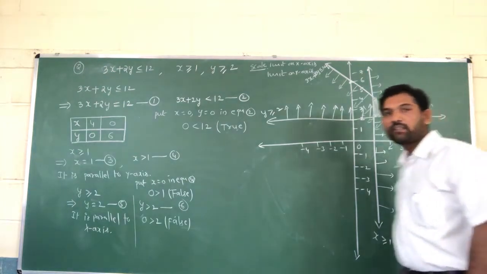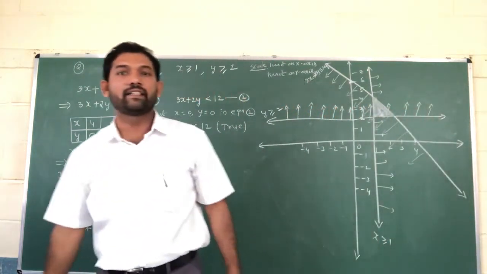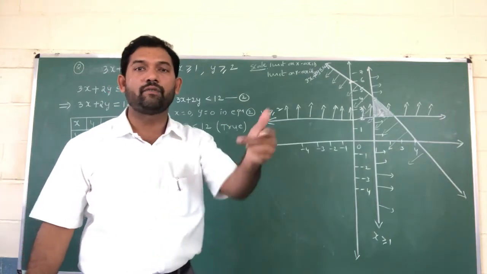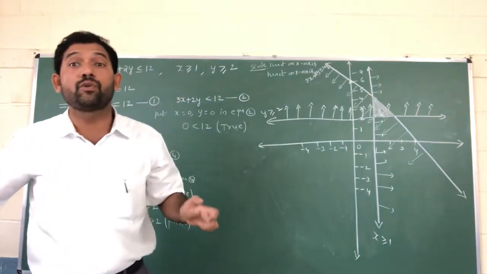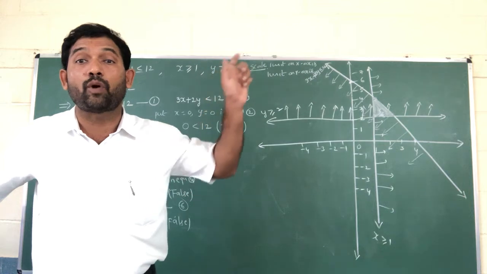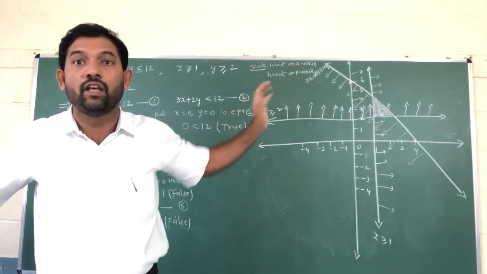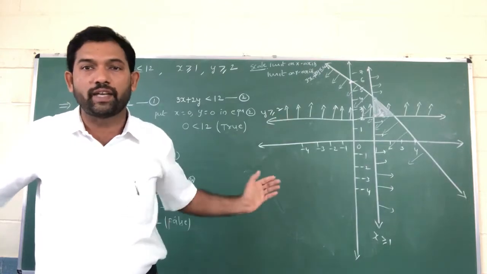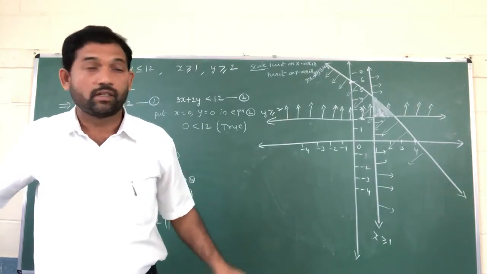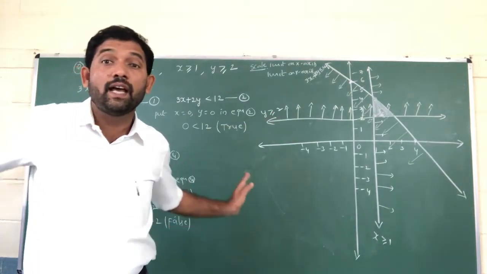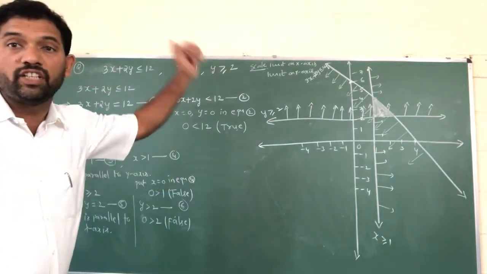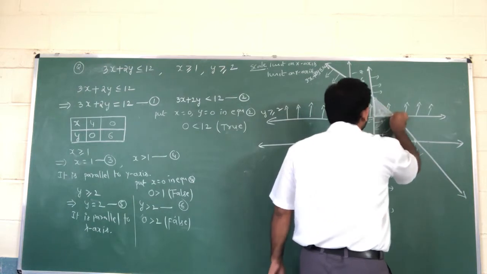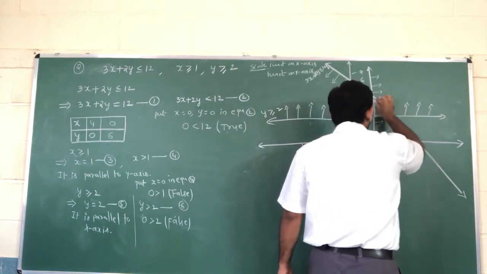That is our solution region, the common solution for all the inequalities. Only the points in this region satisfy all these inequalities. That is why you have to shade here, this one.